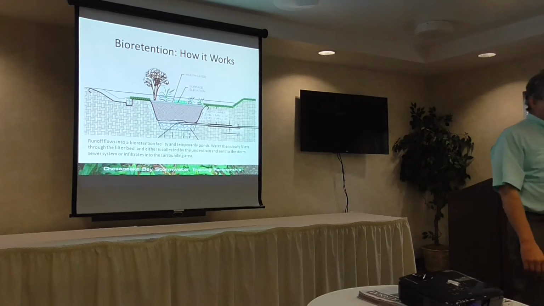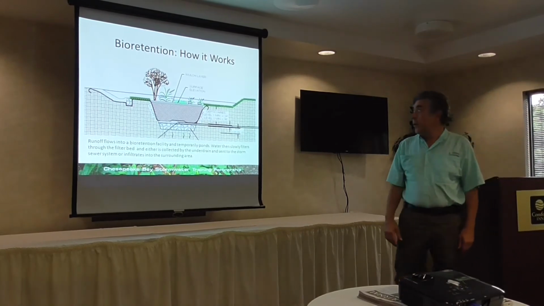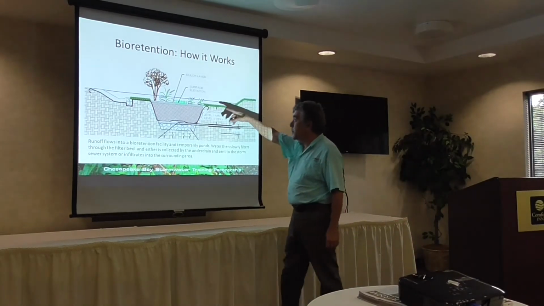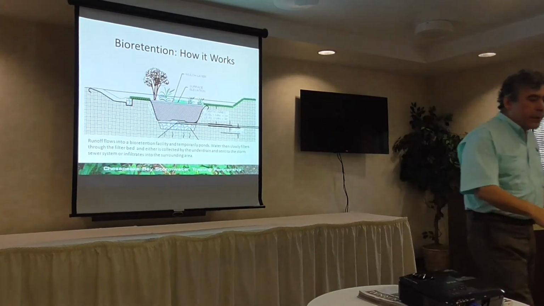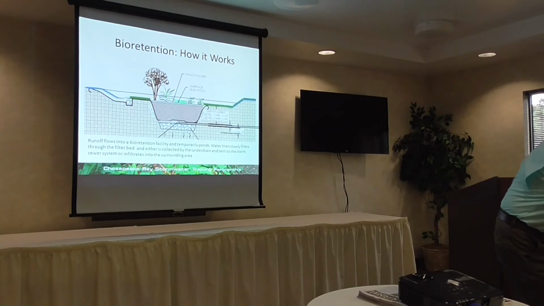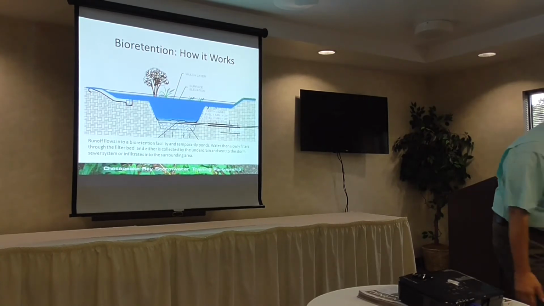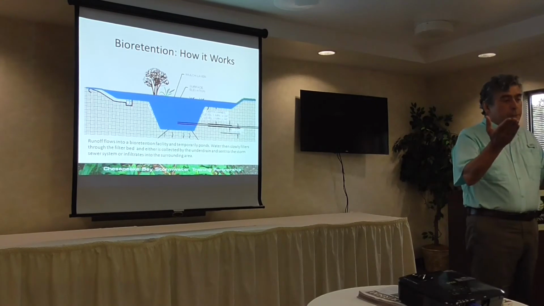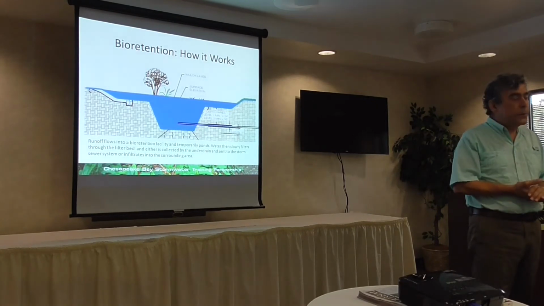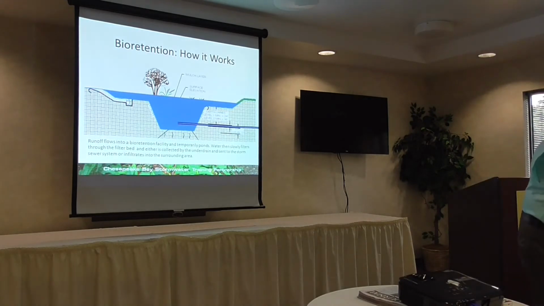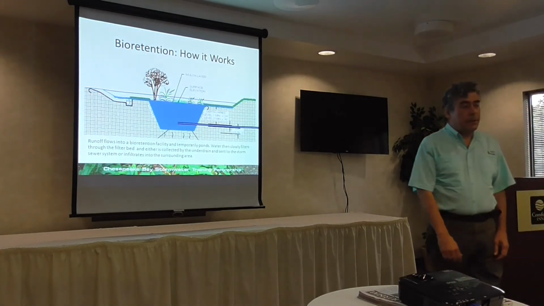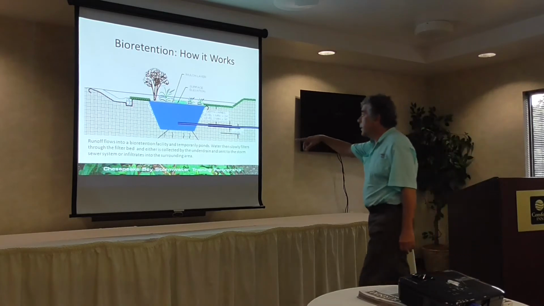How does it work? Hopefully the animation will do. We have a shallow depression. Runoff flows into the facility and temporarily ponds. It fills up. The full ponding depth is used. Then over a period of hours, it drains down. In this case, you can see the underdrain.